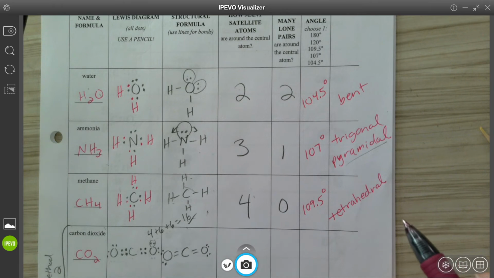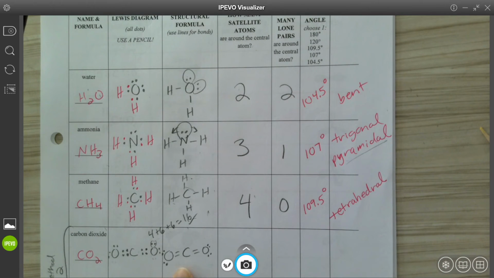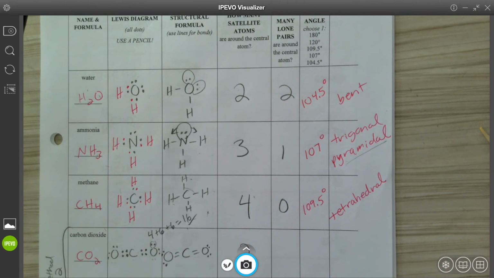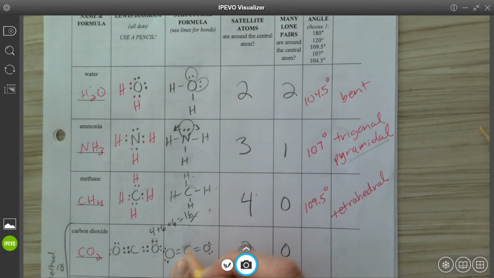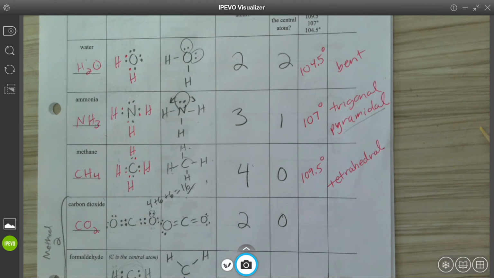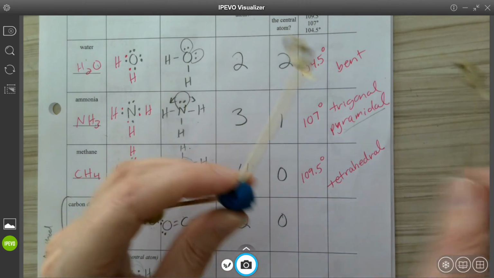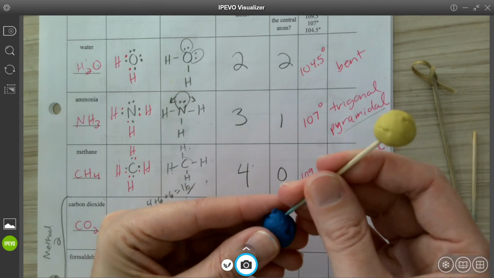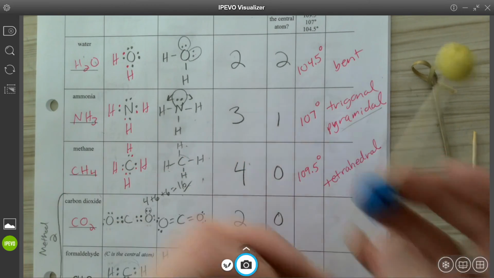All right. This is carbon dioxide. How many satellite atoms? 2. How many lone pairs are on the central atom? 0. Only look at the central atom in terms of what affects the shape. When you don't have any lone pairs, it's not going to be bent. When you don't have any lone pairs taking up space, these can get a full 180 degrees apart.